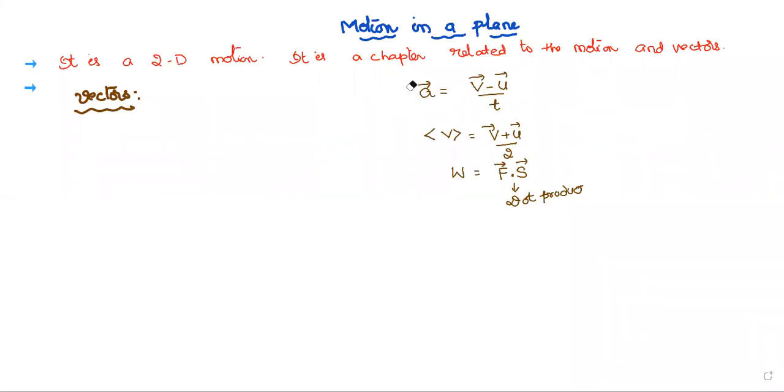In these initial chapters, like laws of motion or work, power, energy, or motion in a straight line, we won't use the cross product. That's why better we discuss the other product when we start the system of particles.